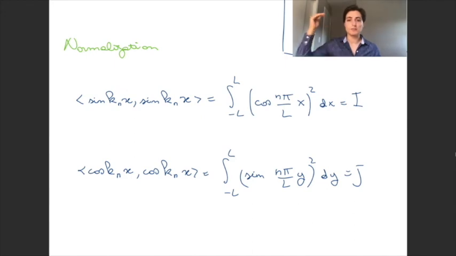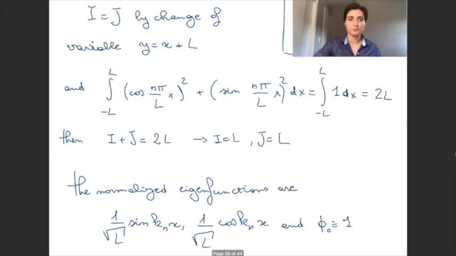So we call one of them I and the other J, and we claim that they are the same thing if you change the variable from x to y equals x plus L. On top of that, we have that the integral from minus L to L of cos squared plus sin squared, well, cos squared plus sin squared is equal to 1, so this simplifies to the integral from minus L to L of 1 dx, that is 2L. So we have that both I and J have value L.